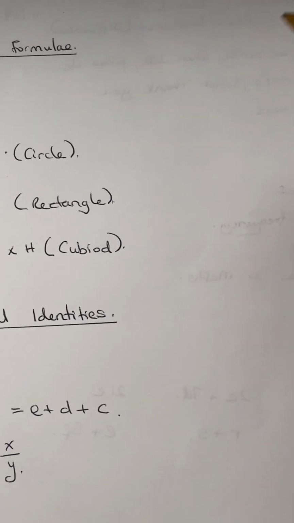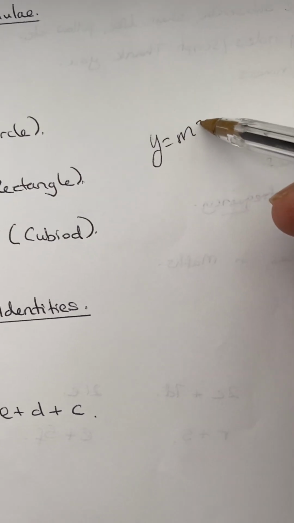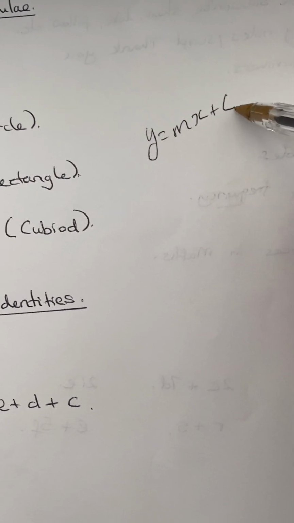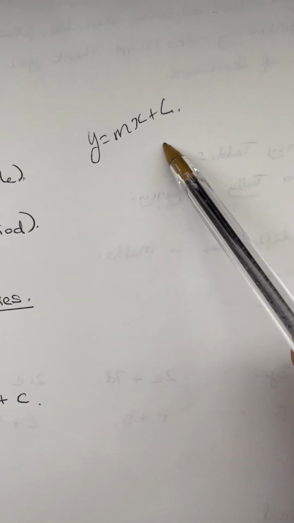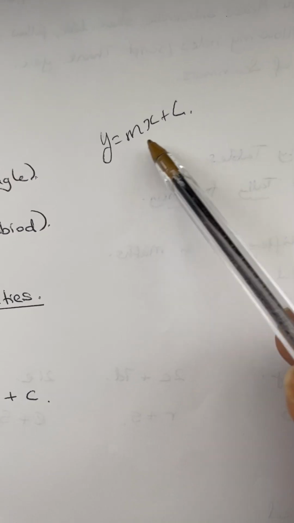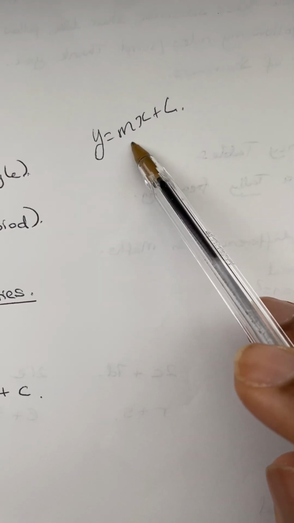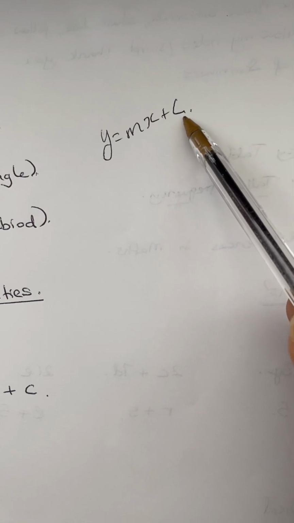For instance, y equals mx plus c is a formula. If you have a line graph, your m represents your gradient and your c represents your y-intercept.